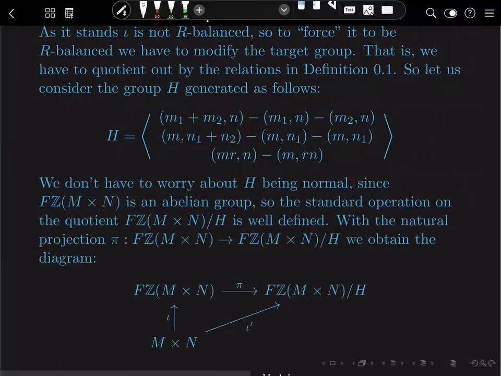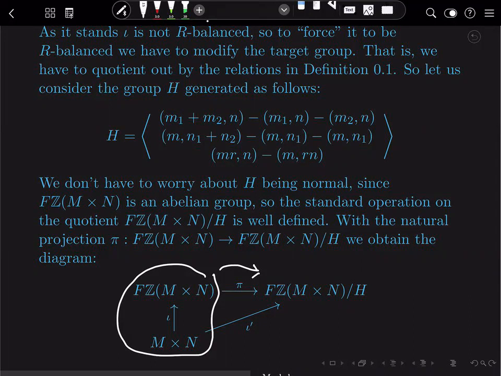Now you get a new diagram, right? We have the original iota on M cross N. Then we have the canonical projection, which takes an element and maps it to its coset. So we have this natural projection that sends an element of the free group onto its image in the quotient, which exists for any kind of quotient object.